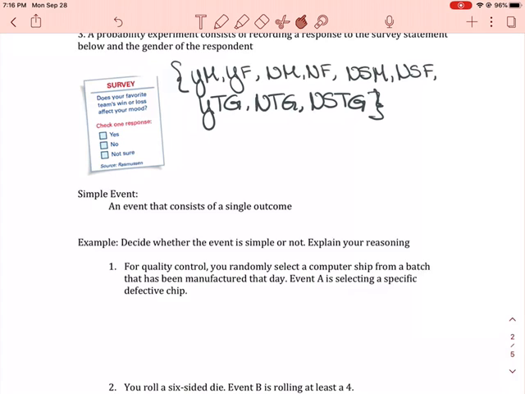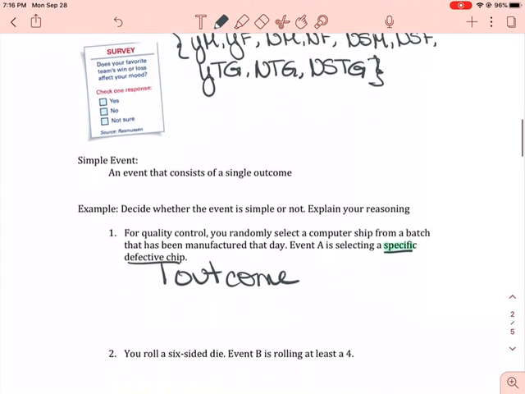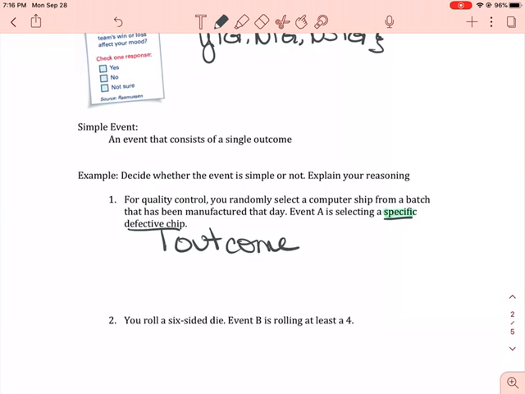A is selecting a specific defective chip. So I'm choosing a very specific defective chip. This has one outcome. Because it's a specific defective chip, I'm only looking at one of them.